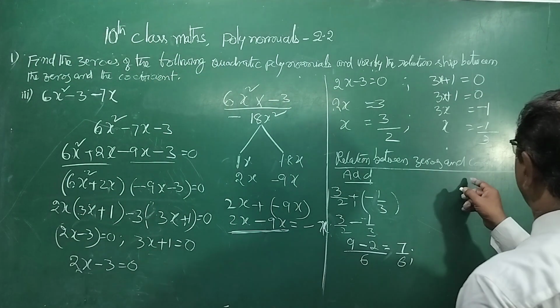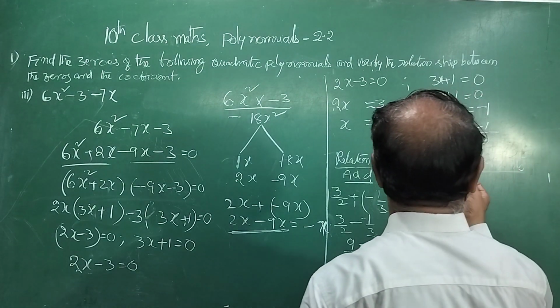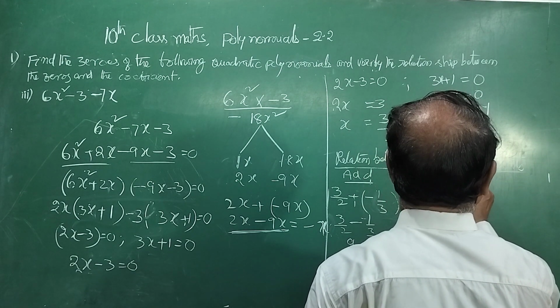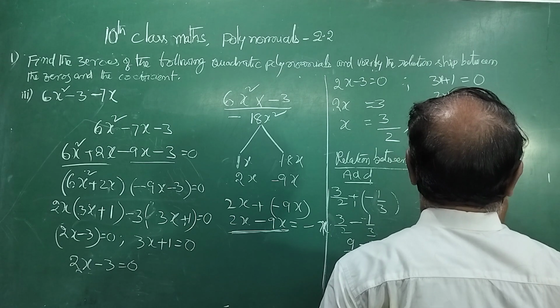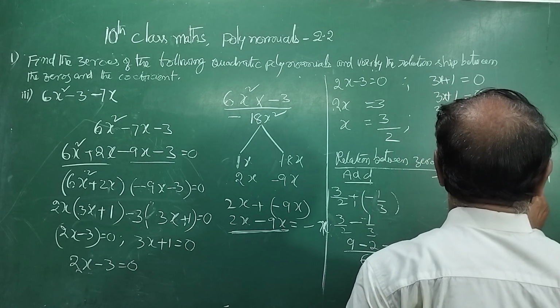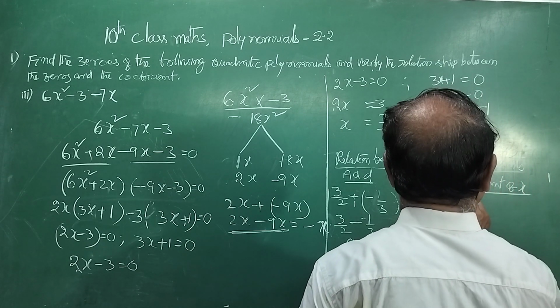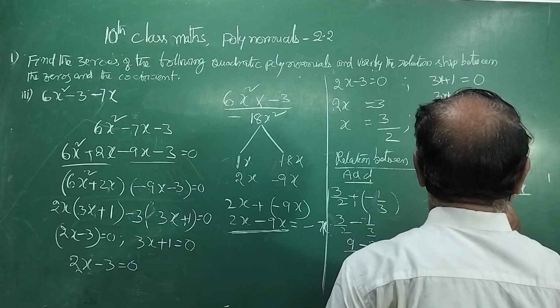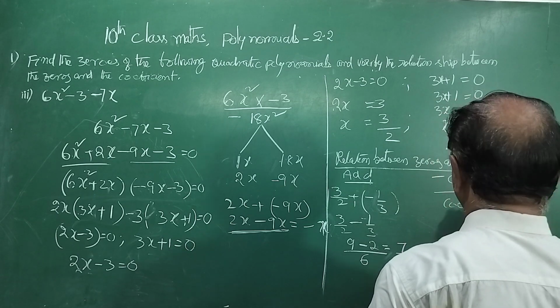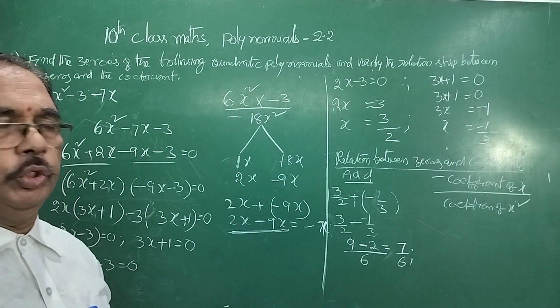Here let us see, when we add the zeros, what is the formula? Minus coefficient of x by coefficient of x square. That is the formula for the sum of the zeros.